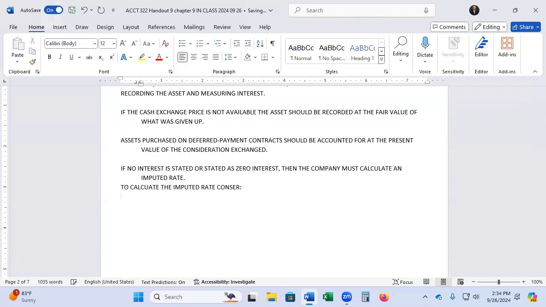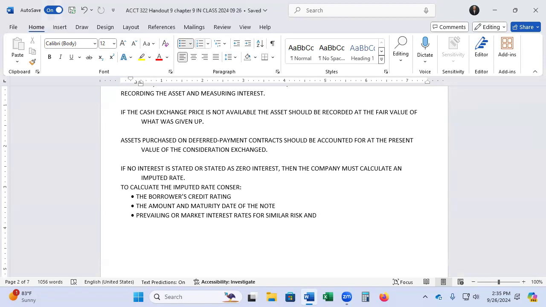Consider the borrower's credit rating, the amount and maturity date of the note, and prevailing or market interest rates. Similar risk and assets.